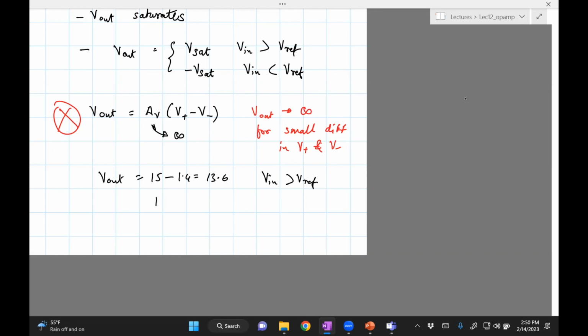Or it would be minus 15 plus 1.4, which is minus 13.6, if V in is less than V ref. So it saturates to either 13.6 or minus 13.6. It doesn't go to infinity.